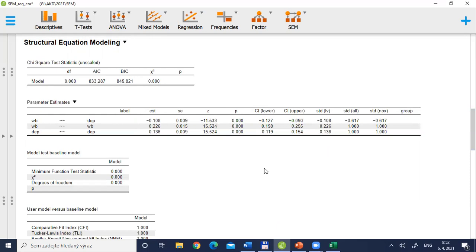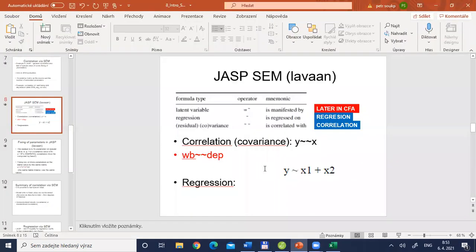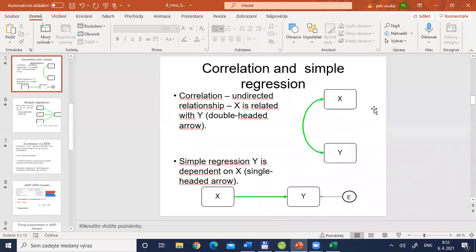And one more comment which is necessary to add to the evaluation of structural equation modeling is based once again on the previous picture. If I go back to my picture, I'm estimating the first and second variance, so two variances, and this relationship, so it means covariance or a computed correlation. So three pieces of information are estimated. And the question is, how many pieces of information do I have at the beginning?